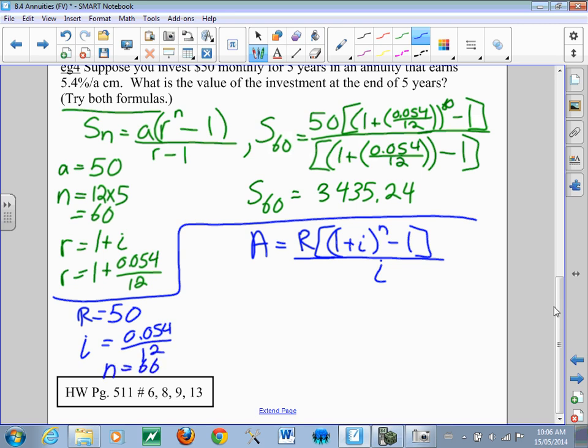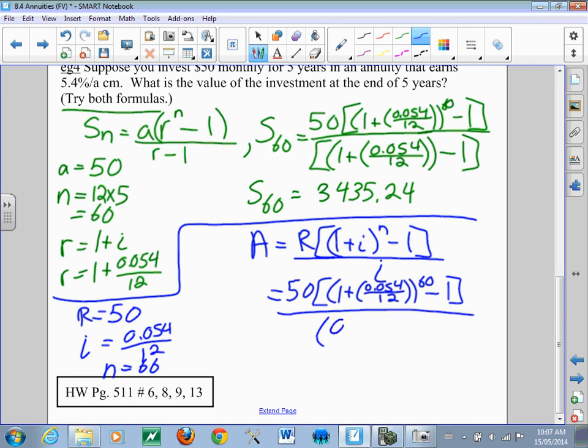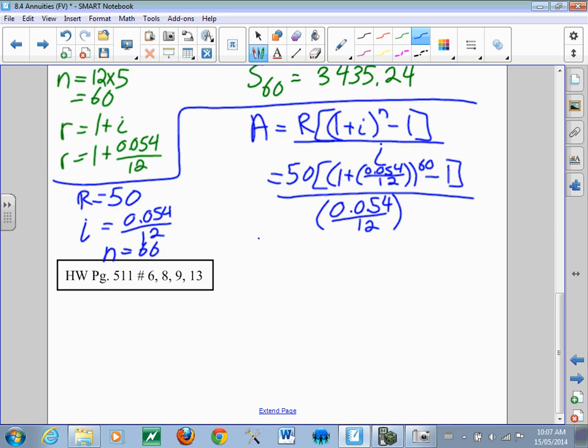So subbing that in, we got 50 times 1 plus 0.054 divided by 12, 2 closing brackets, all raised to 60, subtract 1. I know you're saying, Miss R, this is craziness. But your calculator does the work for you as long as you know how to plug it in. Okay, and you plug that in and you'll get the same answer.